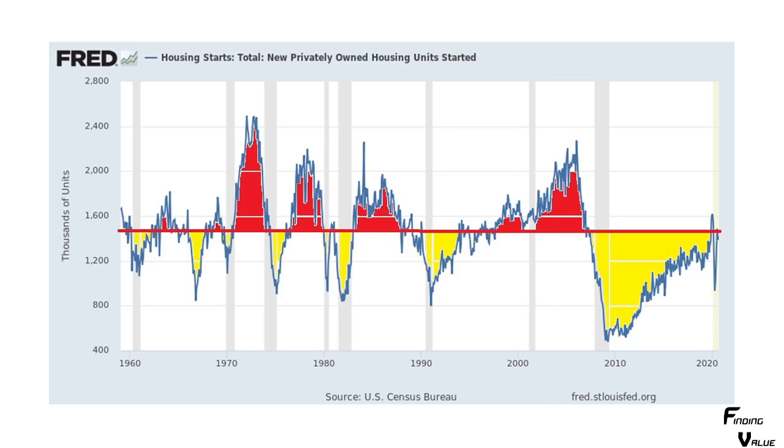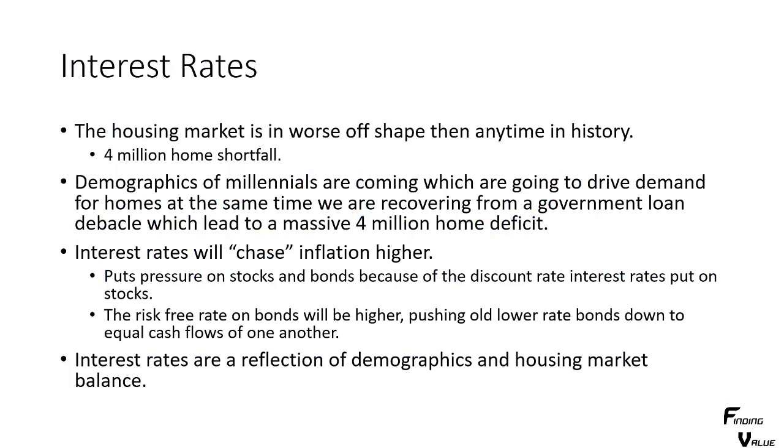The 1.5 million is probably going to be a little bit higher than historical standards. So the housing market, in terms of new housing starts, is messed up in the residential section. The housing market is in worse shape than at any time in history, with a 4 million home shortfall, or deficit. The demographics of the millennials are coming.